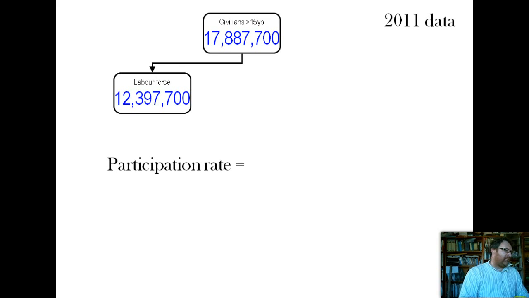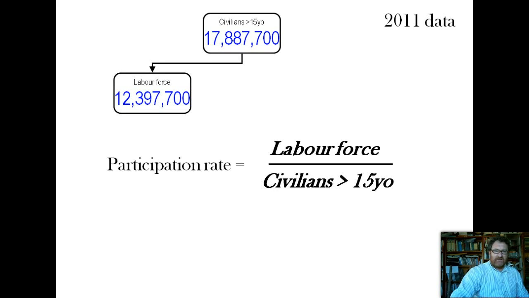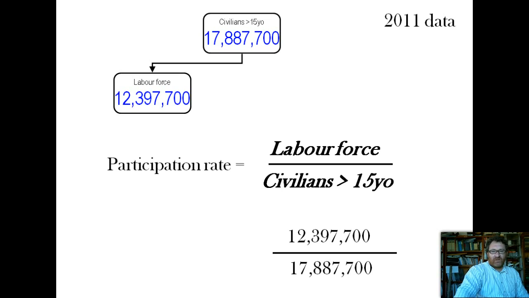So we can calculate the participation rate. So remember, the participation rate is simply the labour force divided by the civilians who are over the age of 15, the working age population. So 12.3 million, or 12.4 million really, divided by 17.9 million gives you 69.3%, roughly 70%.